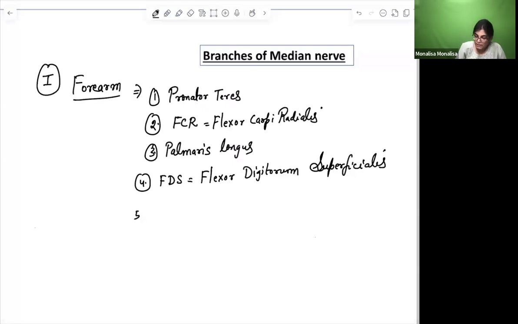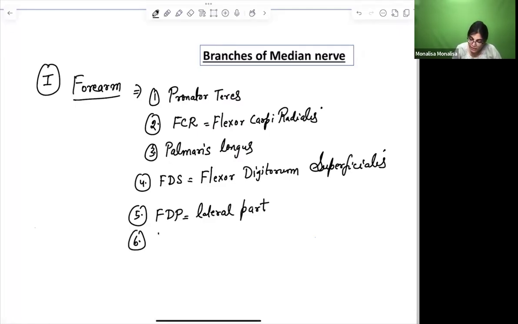The deep muscles are flexor digitorum profundus, lateral part. FDP stands for flexor digitorum profundus. We have also written pronator quadratus and flexor pollicis longus, FPL.